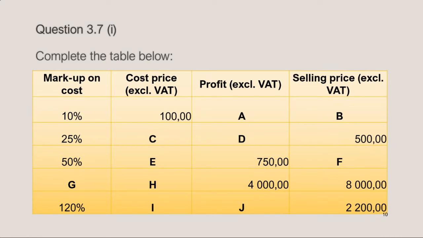Okay, so let's move on to C. You can either give me C or D, depending on the information. So we set the markup on cost as 25%. So the selling price would be what percentage based on a markup of 25%?